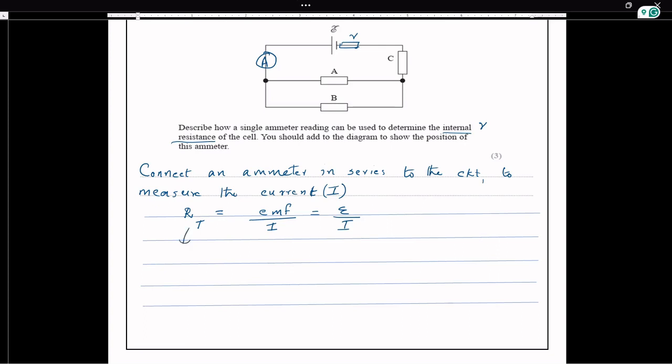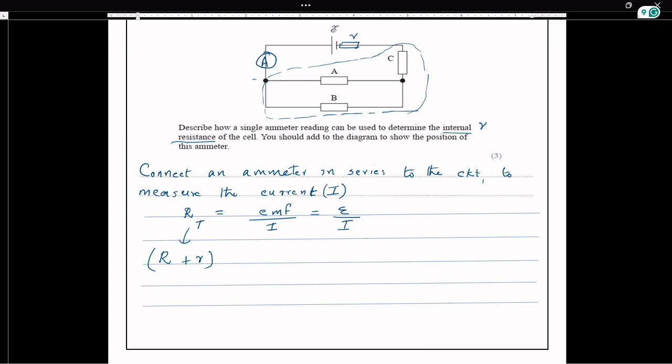But we know that this total resistance is the external load resistance plus the internal resistance. This R is the total resistance of the loop AB in parallel, with the series combination of C, plus this internal resistance r.